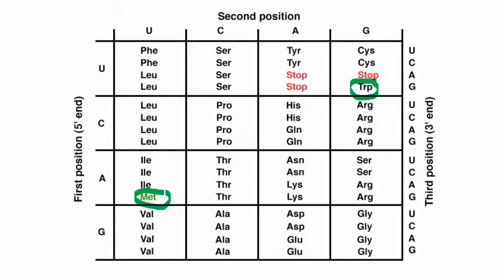So again, if a point mutation exists in one of those three bases in the codon, that substitution will be a similar amino acid, and the effects of that substitution will be minimized.